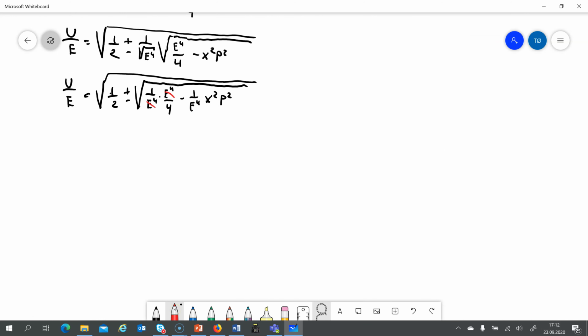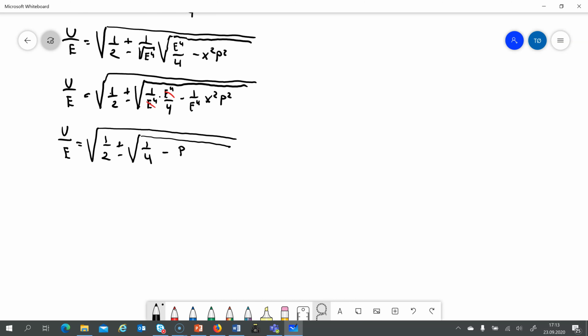Then this goes off, and then we have U over E equal to half plus minus the square root of 1/4 minus P squared X squared over E to the power 4. And we are almost there. We take it one final time here now.